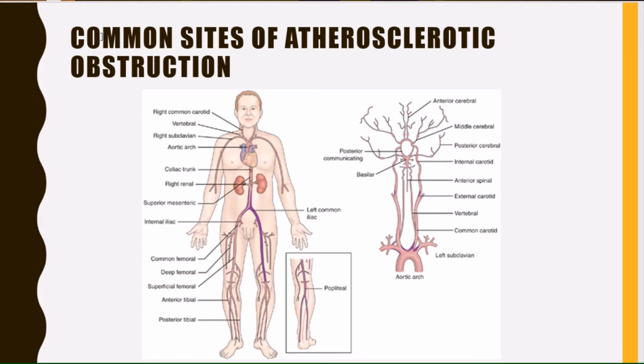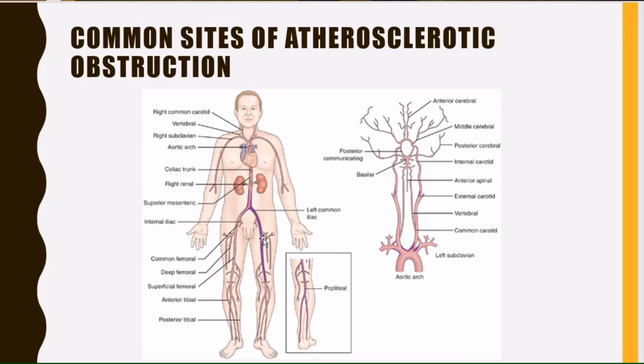So what are some of the common sites of atherosclerotic obstruction? You can see it can happen in any of these arteries. Most of the time when it comes to peripheral vascular disease, you may see obstruction happening to the femoral, the common iliac artery.